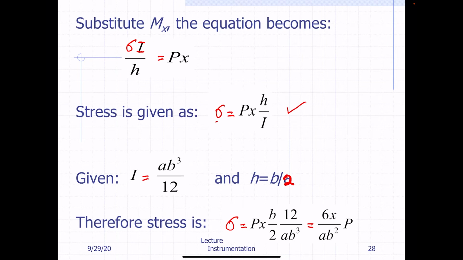The moment of area, I, is calculated using AB cubed over 12 and H is B over 2. Replacing all the parameters into the equation here, we get the relationship between stress and force as 6PX over AB squared.